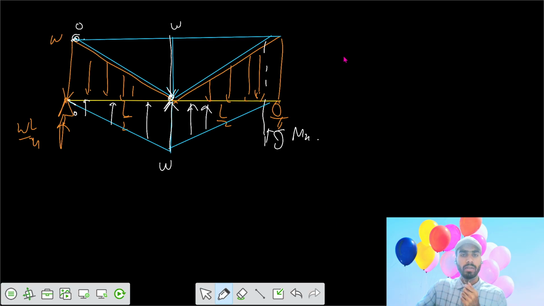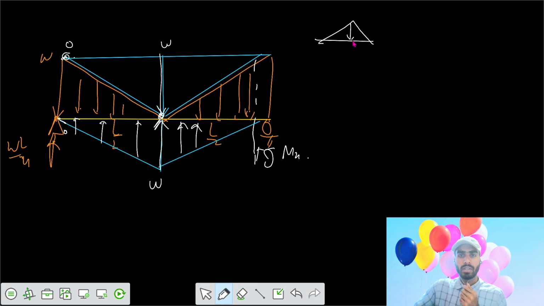Now we already saw that for this loading we extended it such that it becomes 2W, and then applied that 2W upwards. Similarly, we can now extend this one also.